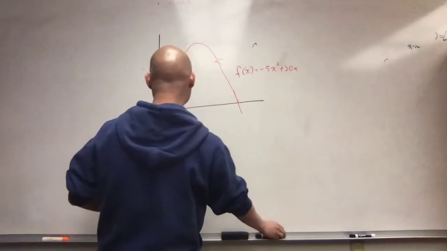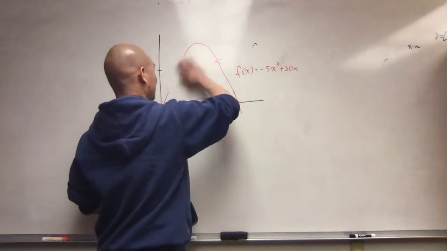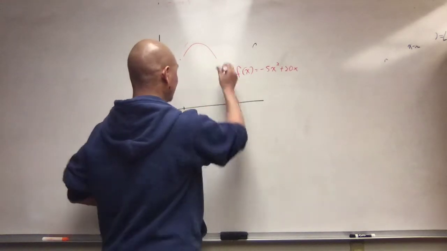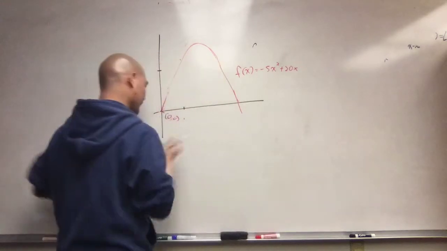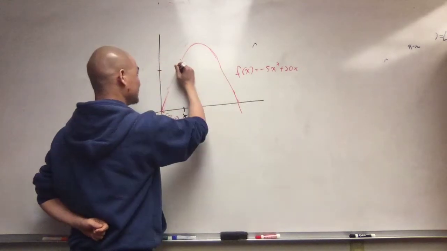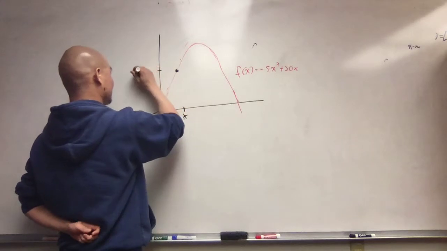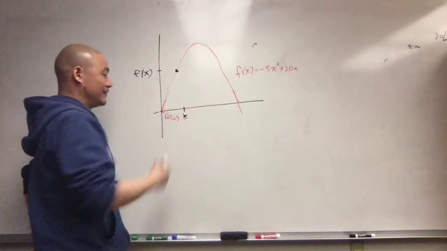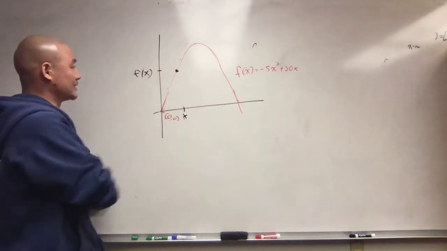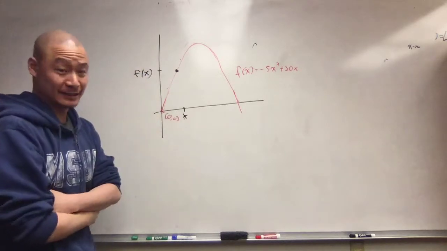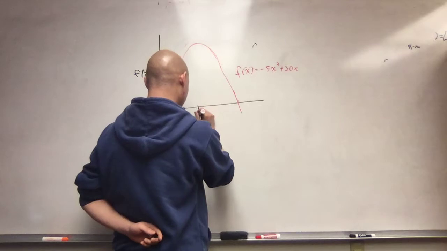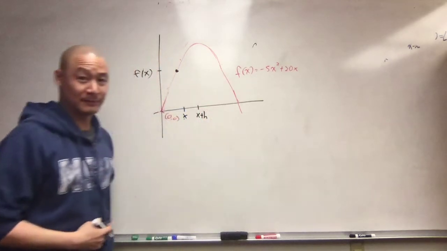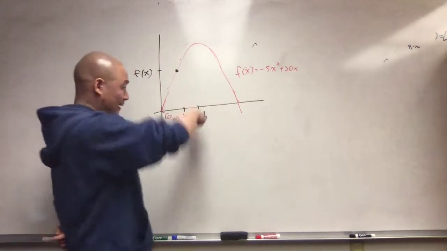So let's get rid of these red x's here. Let's say we have a value x, and it has, of course, height f of x. If I go forward by some h, I'm going to pick up a value x plus h.